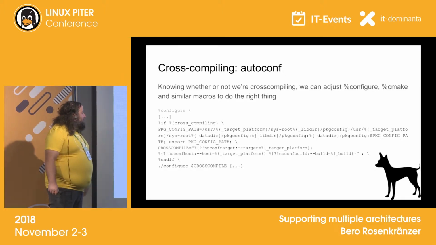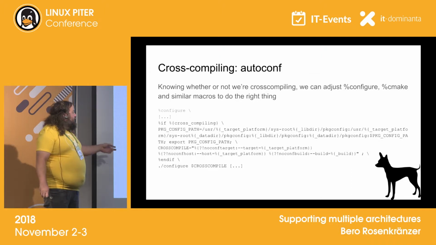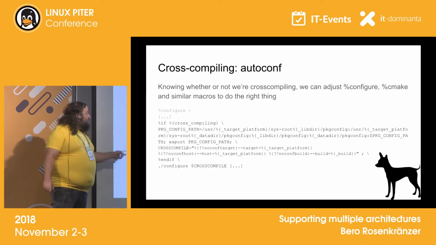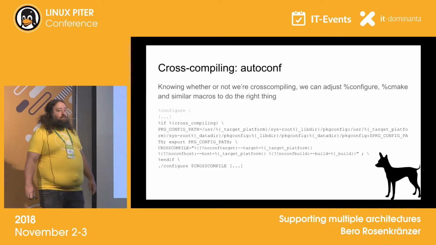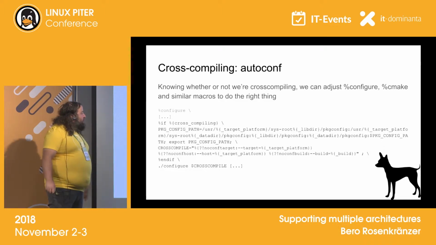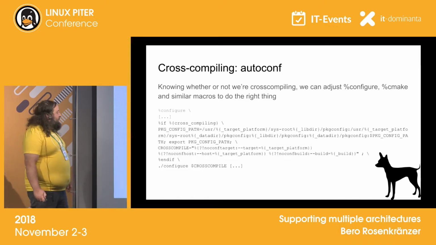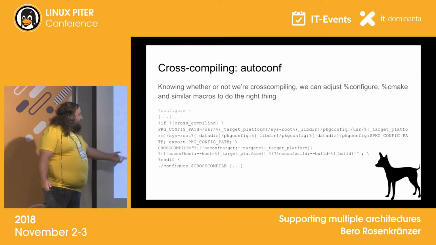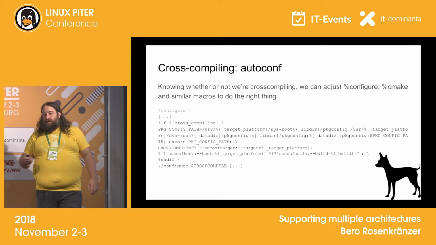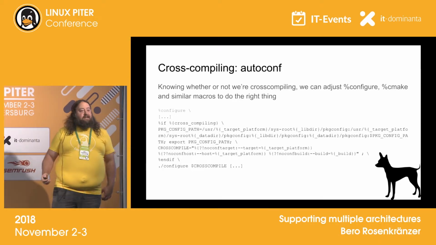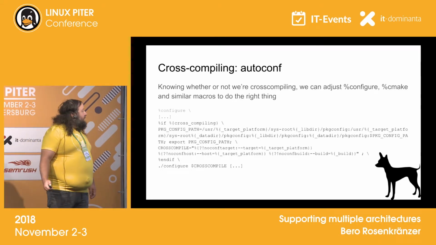And then we add extra targets to configure, so the --target and --host need to be set for cross-compiling. --build should usually be automatically detected to be what you are building on instead of the target platform. And then we launch back into the old version of the configure macro that wasn't meant for cross-compiling.